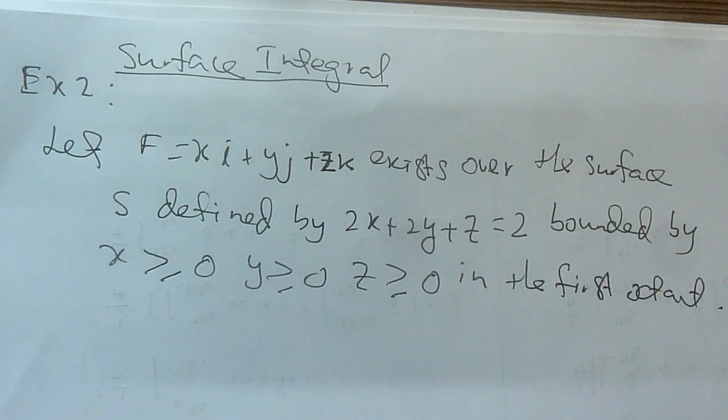Okay, how to sketch? The first question is how to sketch the polygon. If you can't sketch the polygon, it's very difficult for you to proceed to answer the solution. You are required to find the surface integral for this question, over the surface bounded in the first octant.